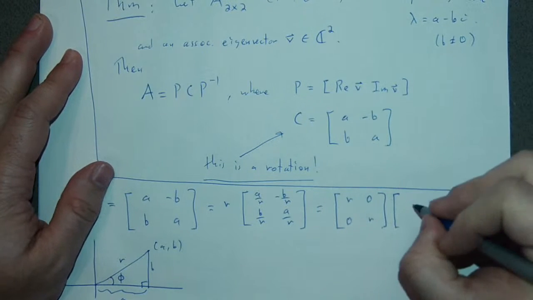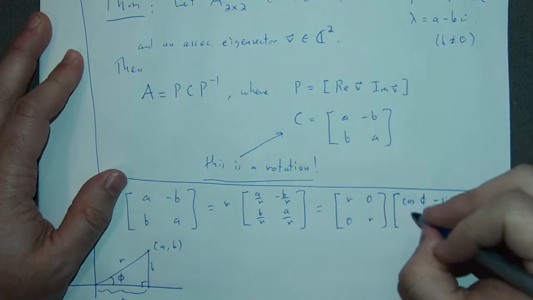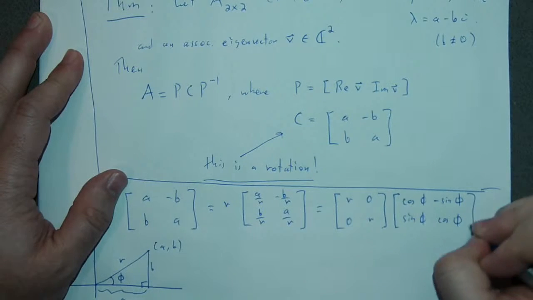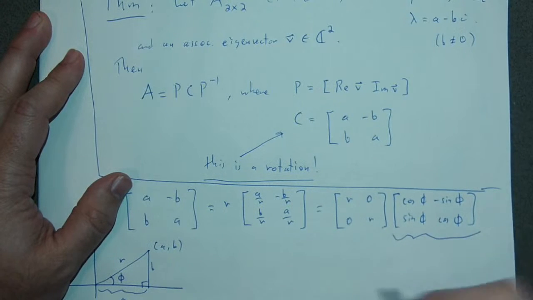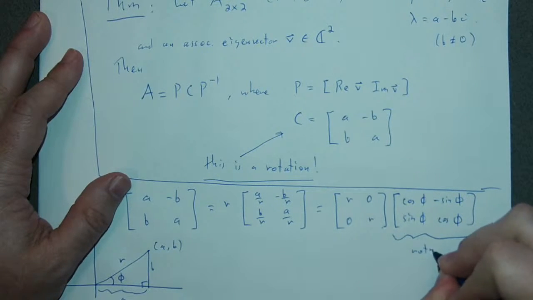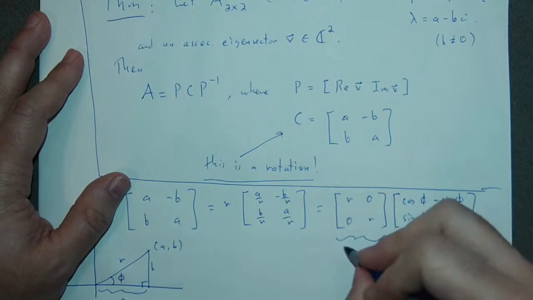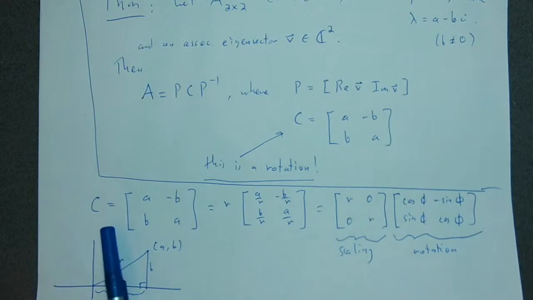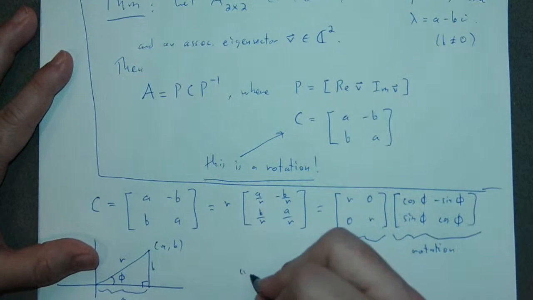So this is [cosine phi, minus sine phi; sine phi, cosine phi]. This is definitely a rotation, counterclockwise through an angle of phi. And then this is a scaling. And so hidden in a matrix C of this form is a rotation. This is the hidden rotation.